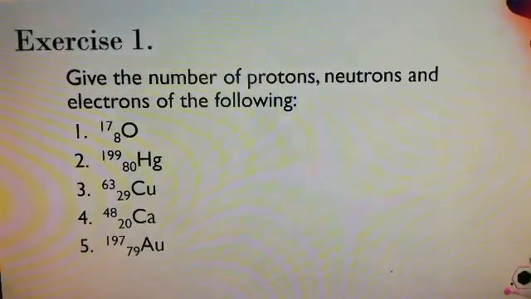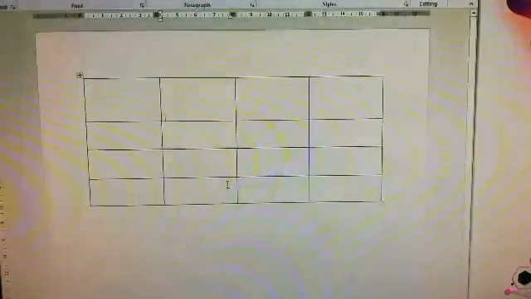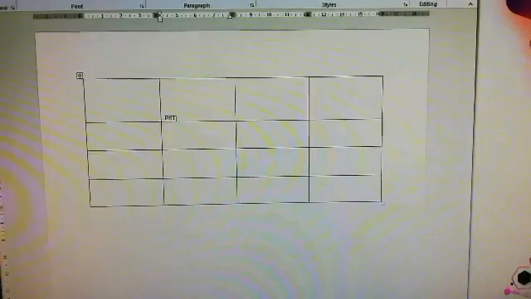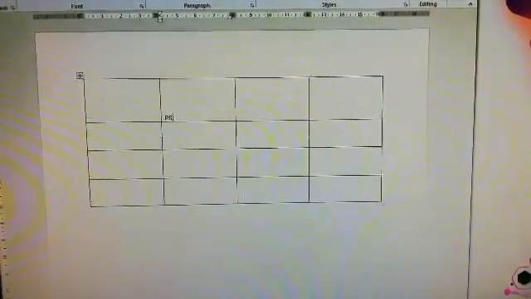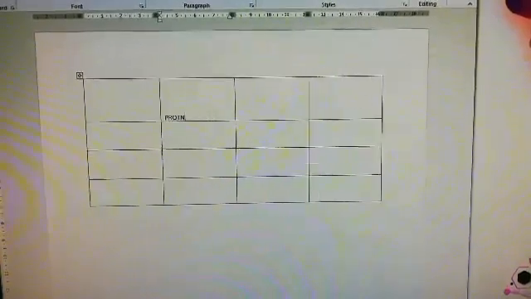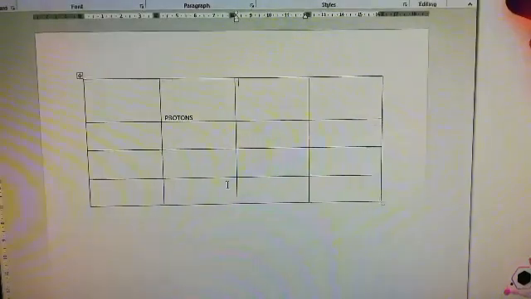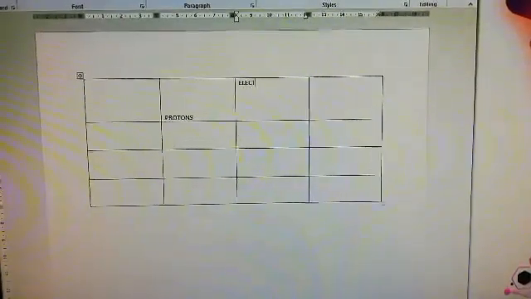Okay. So for exercise number 1, give the number of protons, neutrons, and electrons of the following. And gusto ko kayong gumawa ng table just like this. So on the first column, dito yung first and second element, meron tayong protons, tas dito naman sa kabila yung electrons.